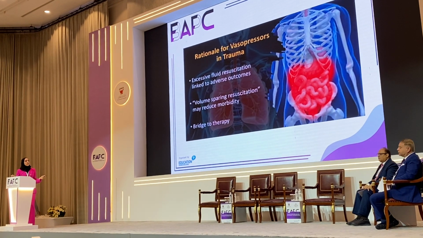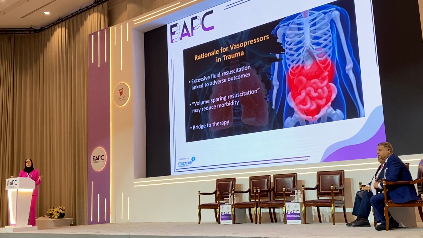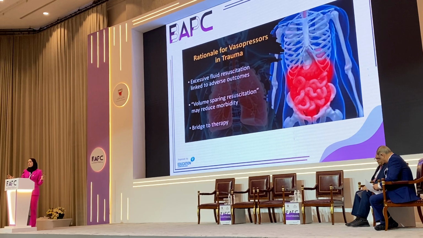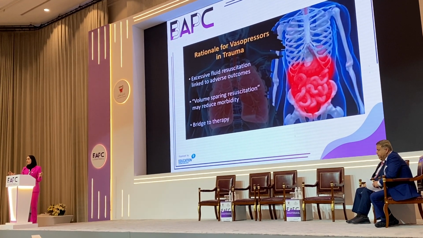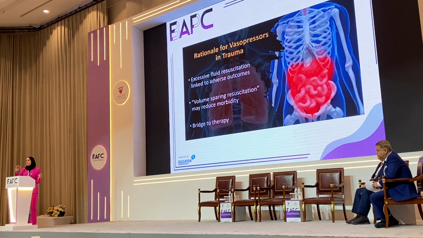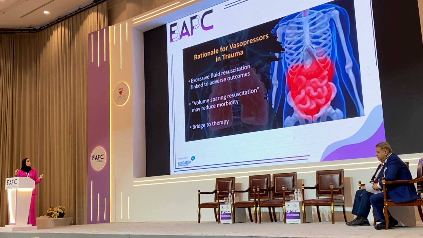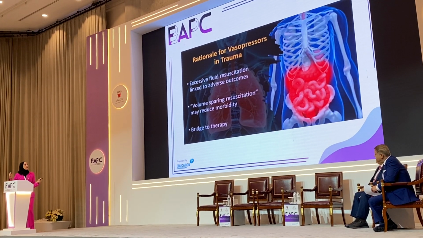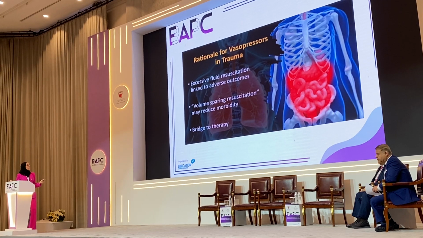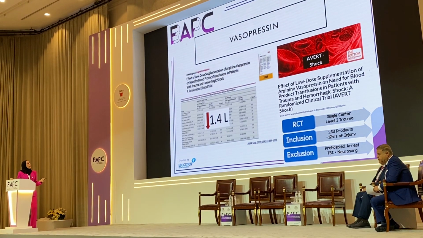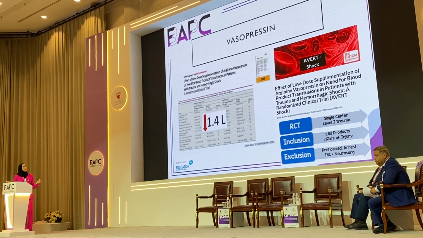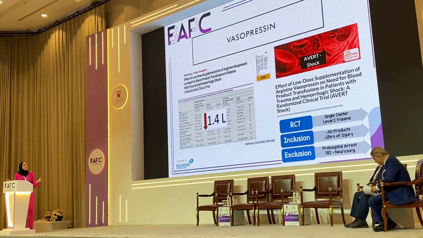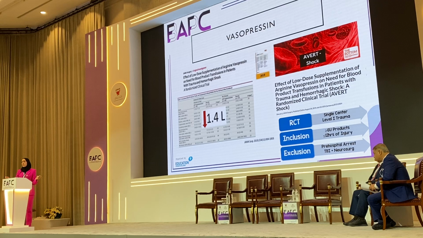So what's the role of vasopressors in trauma? It's just as a bridge or just to buy time. So you want to avoid giving this patient a lot of fluid, but you want the BP to still be maintained. So just start with a very small dose of vasopressor till you take your patient to the OT. I think maybe the only vasopressor which was mentioned as the safest one of them is vasopressin.